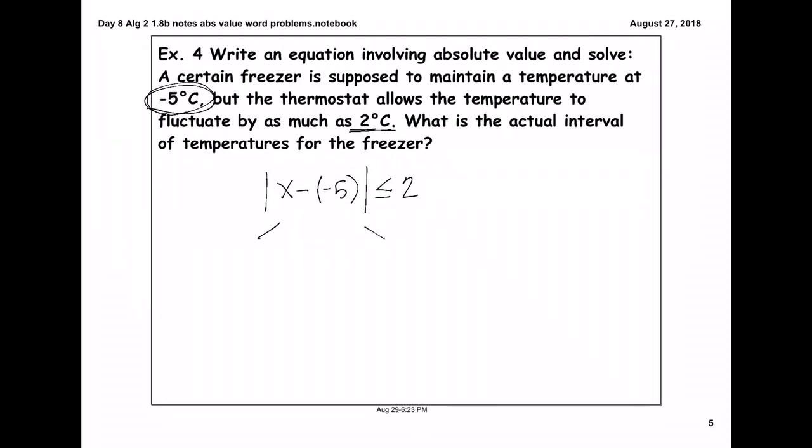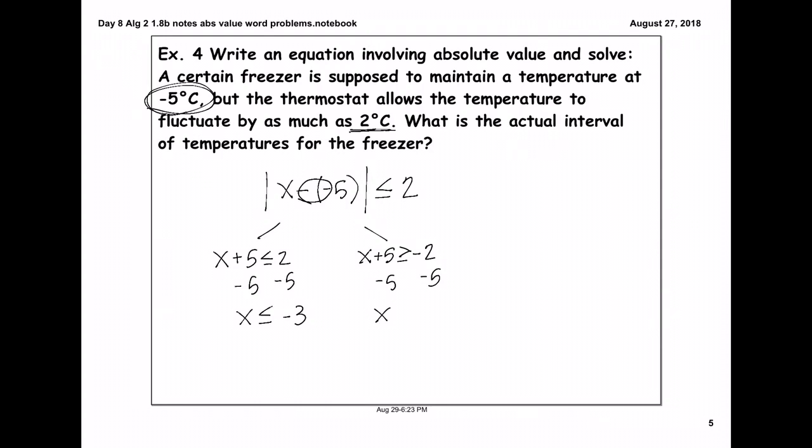To break absolute value bars, we split it into 2. 2 negatives right here change to a plus, so x plus 5 is less than or equal to 2. X plus 5, flip your inequality, change the sign on your number after that, negative 2. So then when we solve using inverse operations, we get x is less than or equal to negative 3.